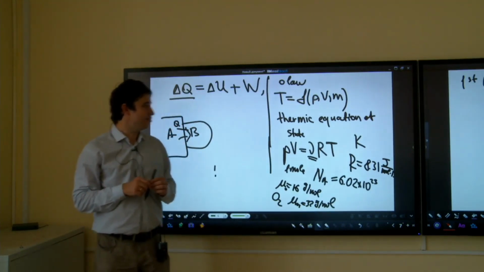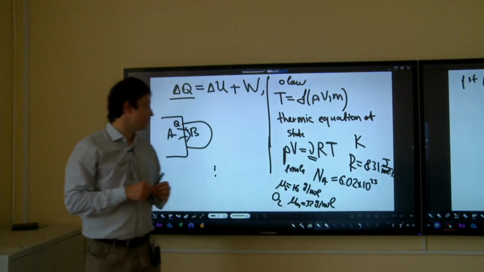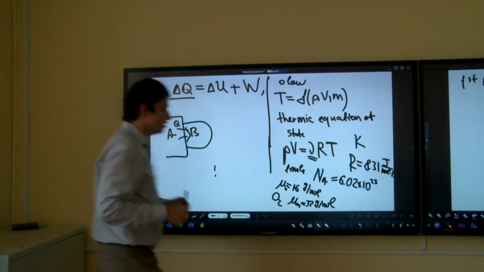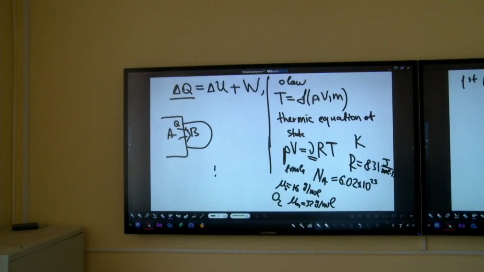Okay, so now we go to a slightly more complicated topic. After this, I would change to a mixture of gases. So let's say I have a mixture of oxygen and nitrogen, 1 mole of each.